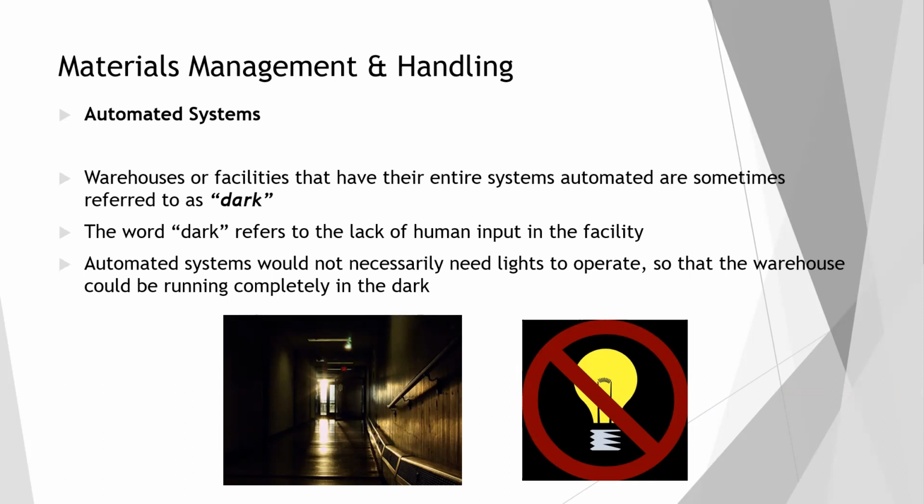These automated systems don't necessarily need any light to operate. So technically that warehouse could be running completely in the dark. It doesn't necessarily mean all the lights are turned off, but when you refer to a facility that is dark, it is very highly automated, so much so that it really doesn't need any sort of human input to keep it running. So that's what we mean when we say a dark facility. It's so automated.